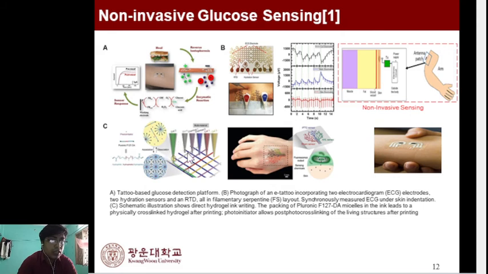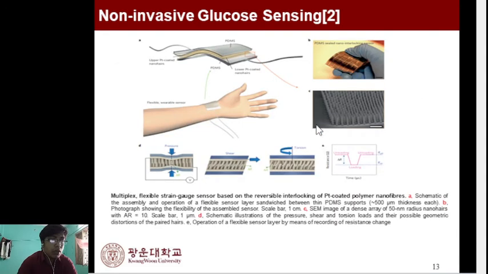Here we also see an aerogel on our hand, and it works actively without any pain. Another sensing technique is a multiplex flexible strain gauge sensor based on reversible interlocking of PT cathode polymer nanofibers. The fibers are sandwiched, and in this technique we apply pressure, and these are the steps of the preparation.